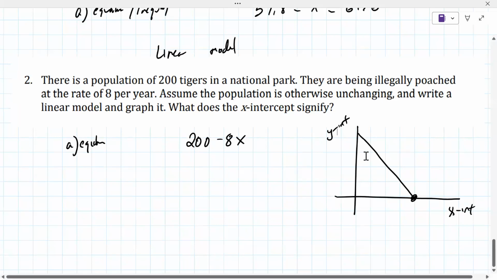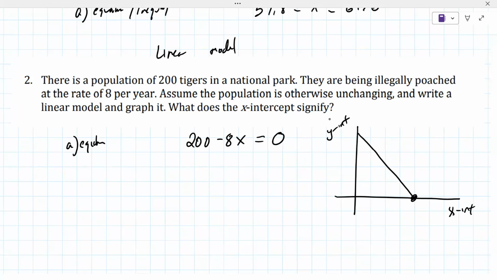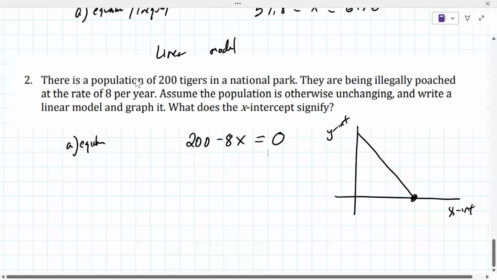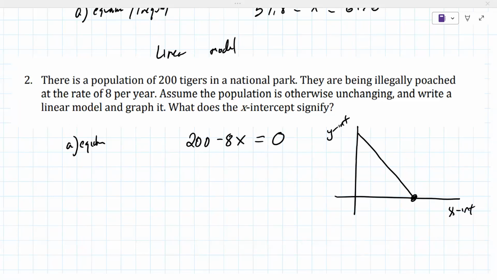Just to be clear, what I'm asking you is just the meaning. You can actually solve for it if you want. I'm just asking what does it mean in the context of this problem? The y-intercept, oh, the starting population. Okay, I agree with that. How about the x-intercept? What is that?